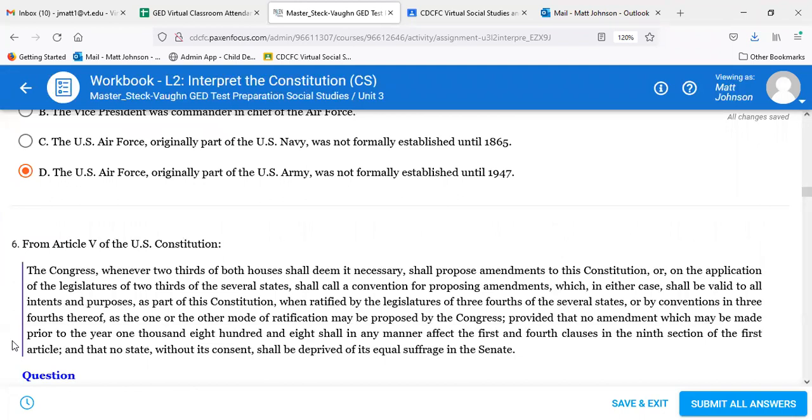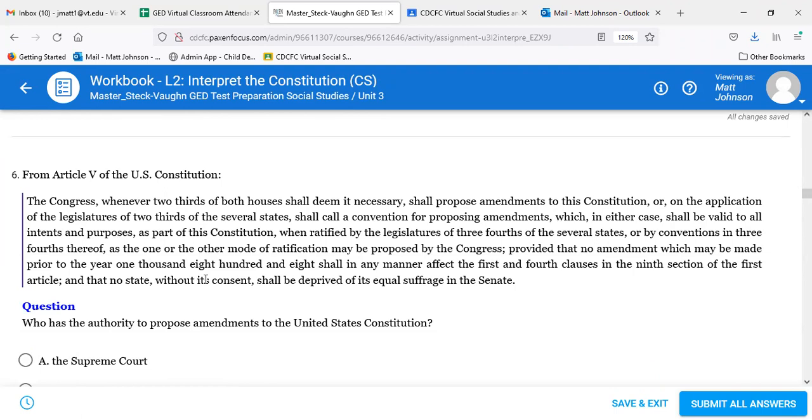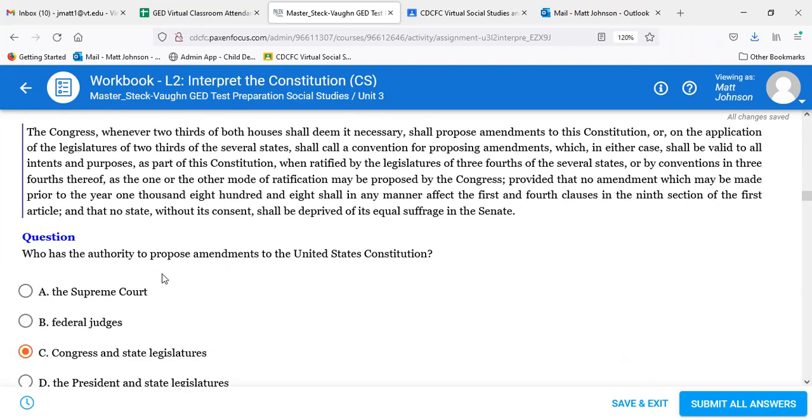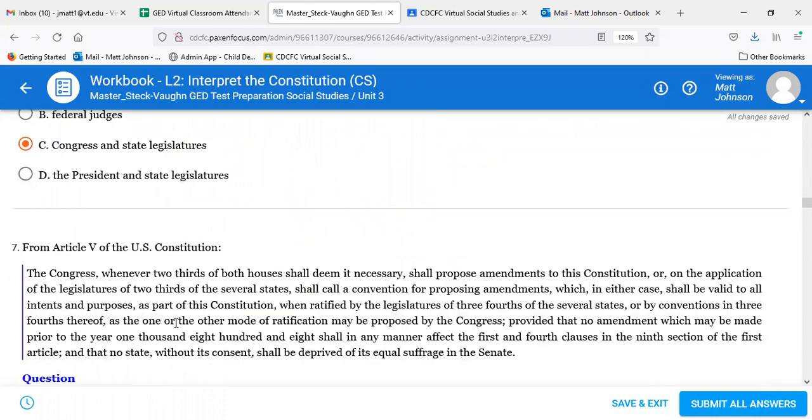So 3/4 of the US and their state legislatures have to say, okay, we're going to change this. So it's one of the most difficult things to do, to add a new amendment or revise one. So you have to have 2/3, that's the most important thing. 2/3 from Congress vote and then ratified by the states. But this is one case where you actually get state legislatures involved in federal level government.